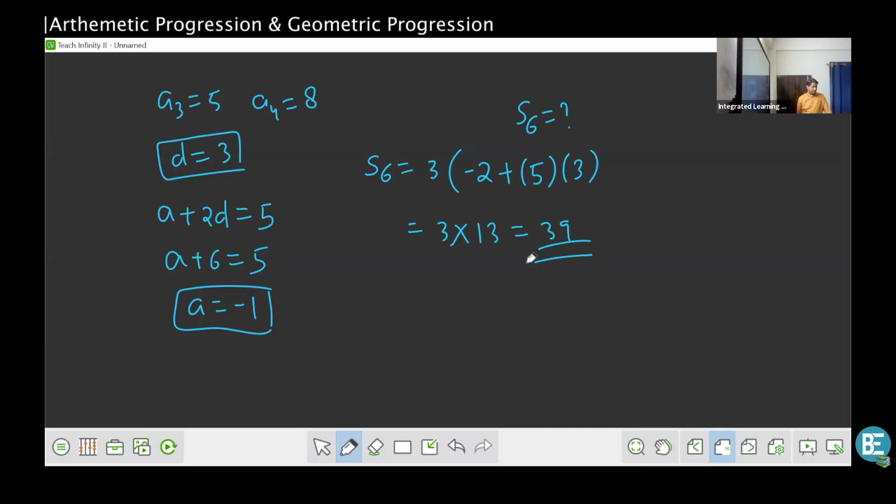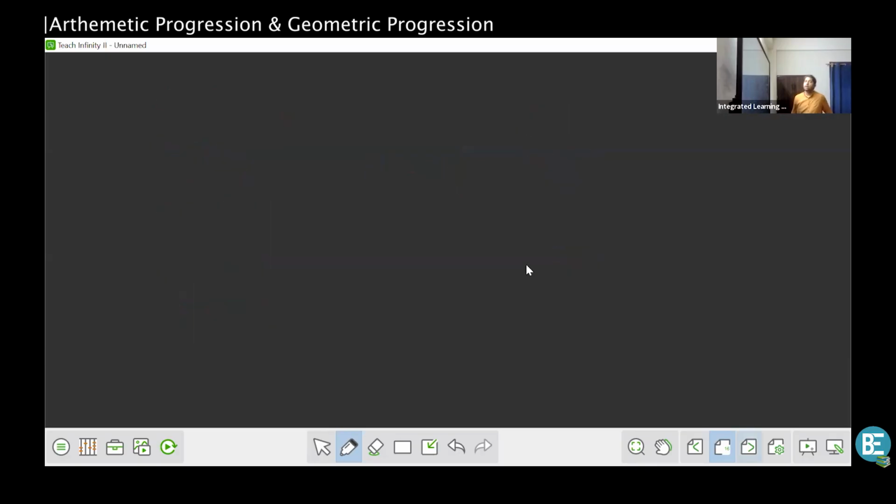Find the sum of first 5 terms of an AP if third term is 4. This time only one piece of information is given. Let's see if that is sufficient to find the answer.